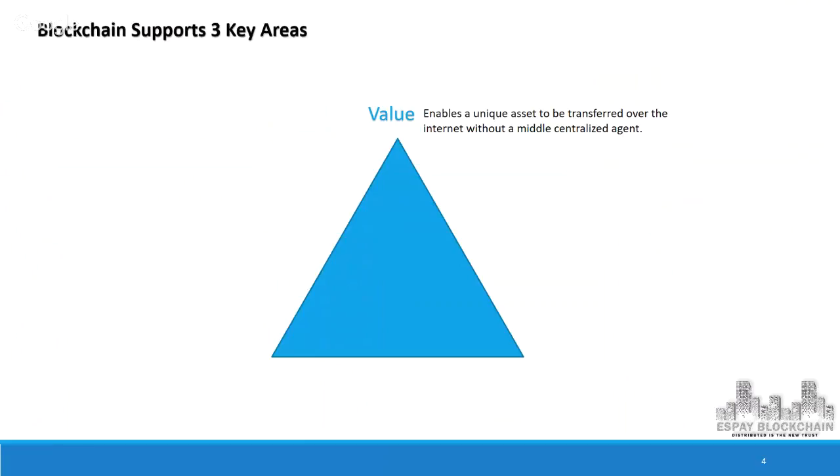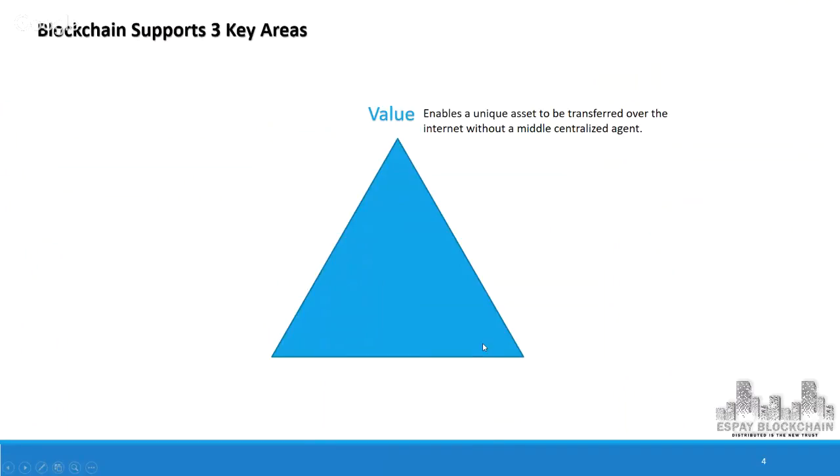So whether it is a currency, a real estate property, a painting, or any other thing which has some value and some record, it can be stored on blockchain and transferred from one person to another person without any centralized agent or system to validate the transaction, because the transaction on blockchain is validated by the network users themselves.